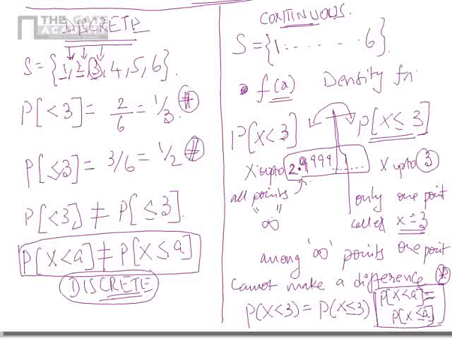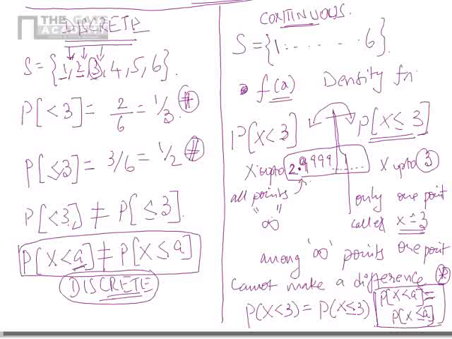So in the discrete case, the probability that x is less than or equal to a is not the same as the probability that x is less than a, because here I include the point one below a, and I know what the point before a is. Here when I say 3, I am including the number up to the number before 3. So I know what the number before 3 is, to include that point. Whereas here we don't know what the number before 3 is.